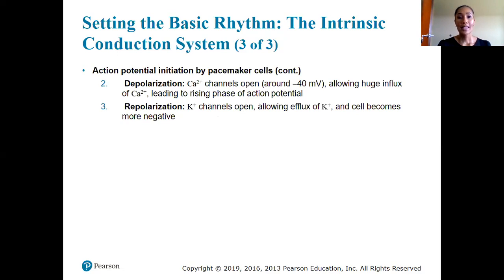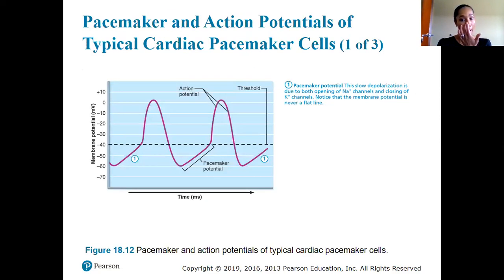Step 2 is going to be depolarization, where we have calcium channels open when the internal environment of the cardiac muscle cells get to about negative 40 millivolts, which allows a huge influx of calcium, leading to a rising phase of the action potential. And then we have repolarization, where potassium channels open, allowing an efflux or an exiting of potassium, and the cell becomes more negative.